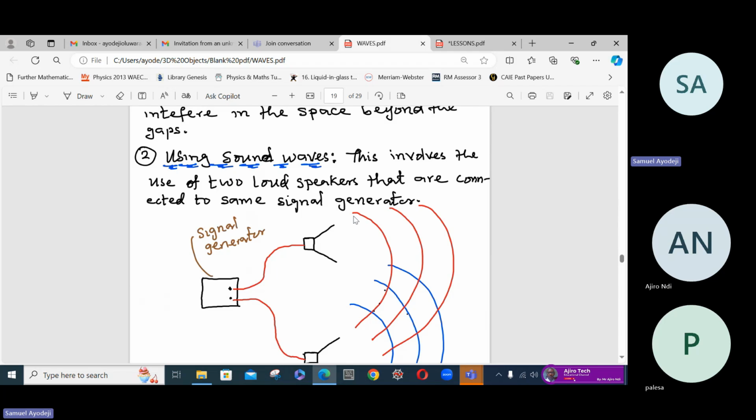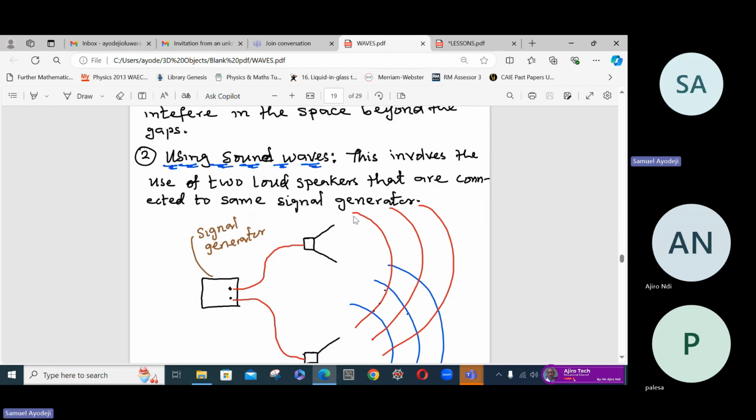Remember, a signal generator provides a single frequency, the same frequency throughout. Coherent waves mean a constant phase difference, and we can only achieve that when the two waves have the same frequency.